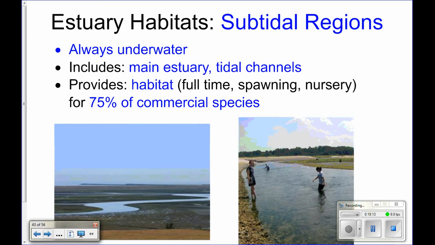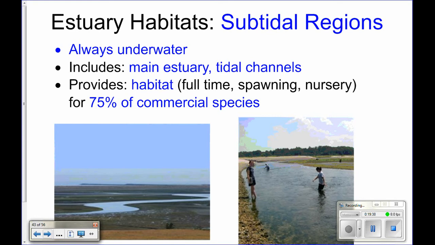This is going to make up the main body of the estuary, and then any tidal channel that branches off of the main estuary and is always underwater. So this is one of the critical habitats for things that survive around or in an estuary, because this is where many things are going to live.